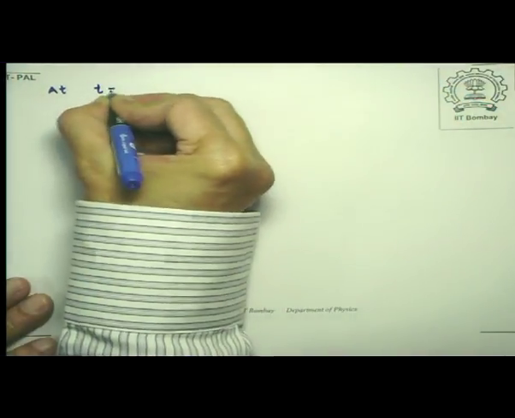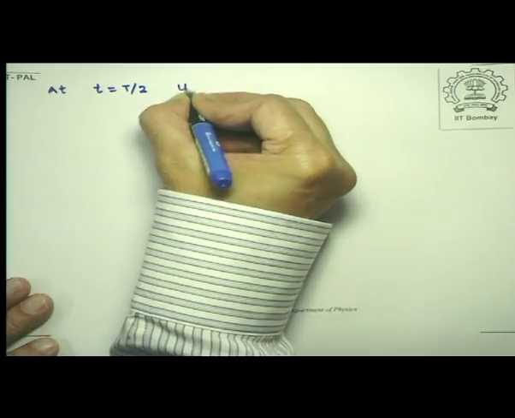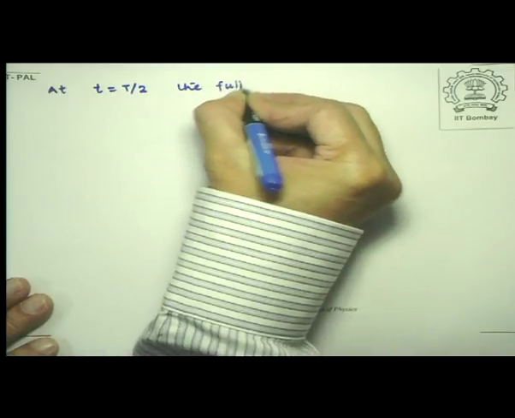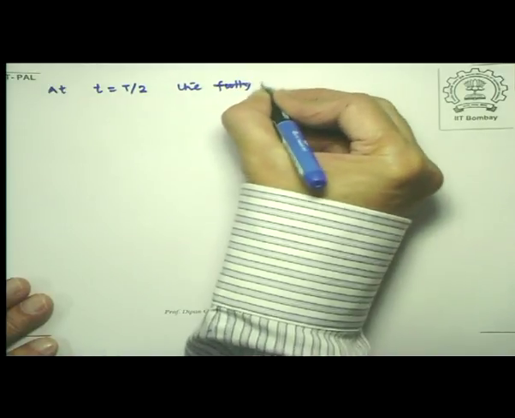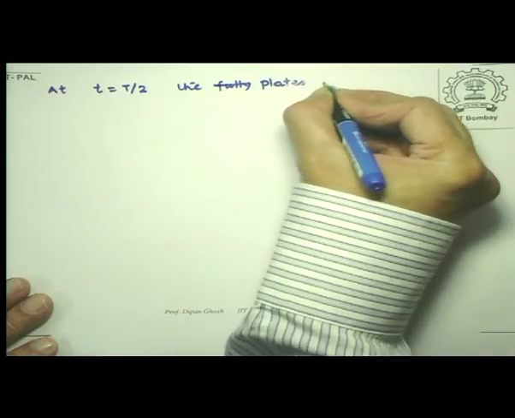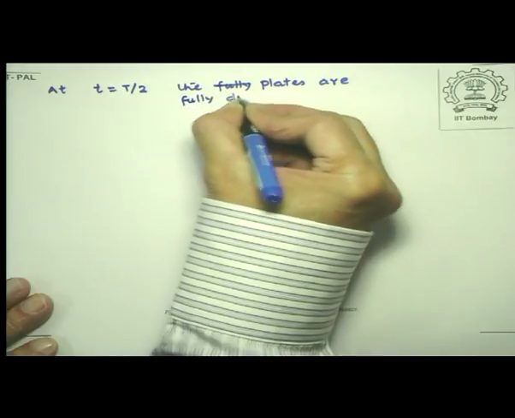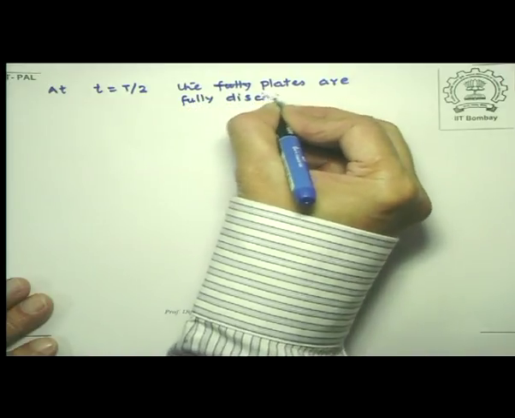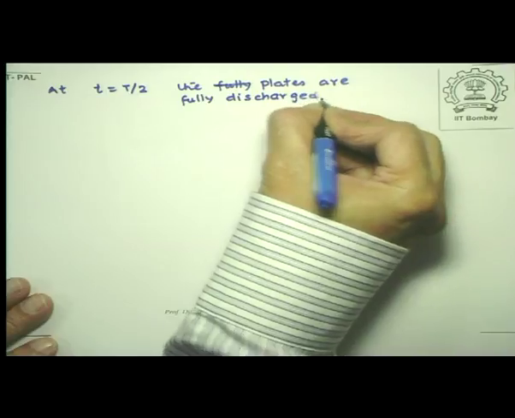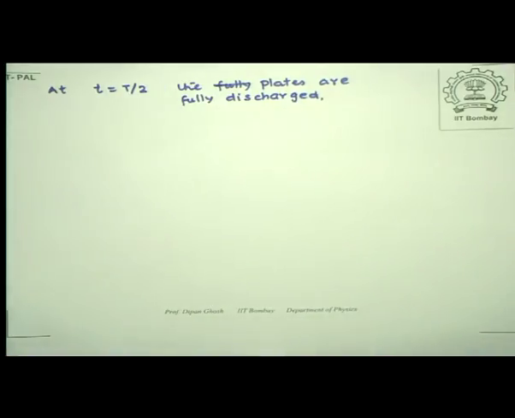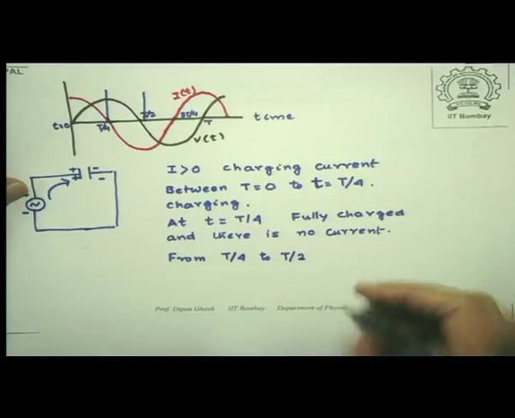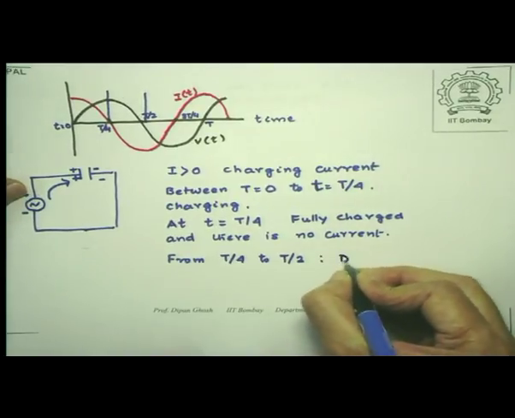So let me come back. So at T by 2, the plates are fully discharged. So in this cycle, discharging takes place.